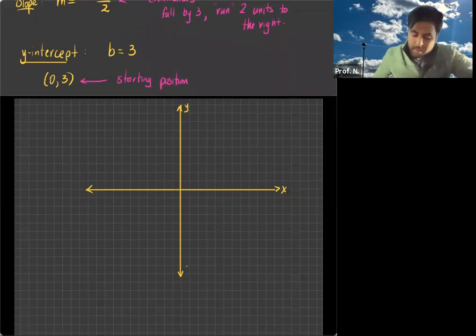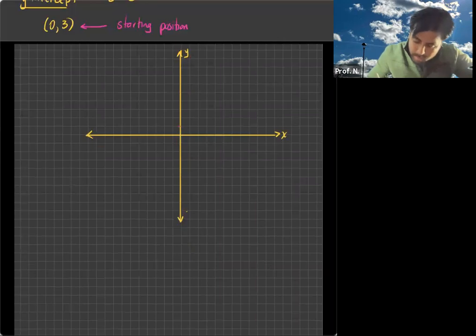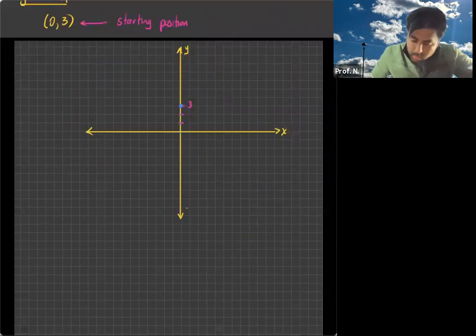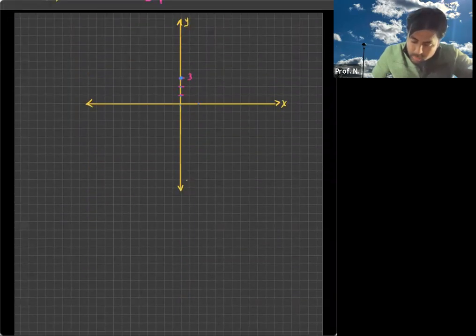So (0, 3), this is where I'm going to start. And then I'm going to move down by 3. Let's do it with the blue. So it should be 1, 2, 3, and then move over by 2 to the right, 1, 2. This is the next one, and then 1, 2, 3, and then 1, 2. Next one, and 1, 2, 3, and then over 2, and so on and so forth.